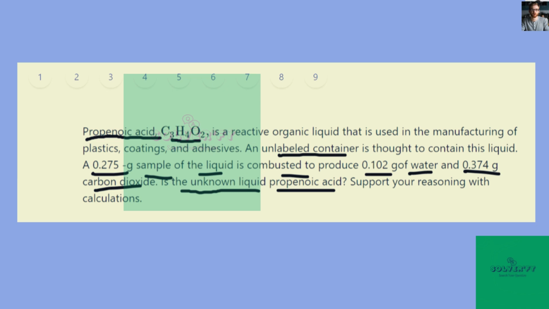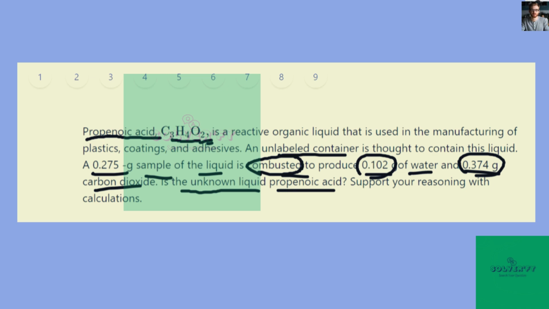What we can do is find the empirical formula of the unknown liquid sample from the given mass of water and carbon dioxide produced from its combustion. Then we can compare the empirical formula of that unknown sample with the molecular formula of propanoic acid, and from there we can say whether this unknown liquid is propanoic acid or not.